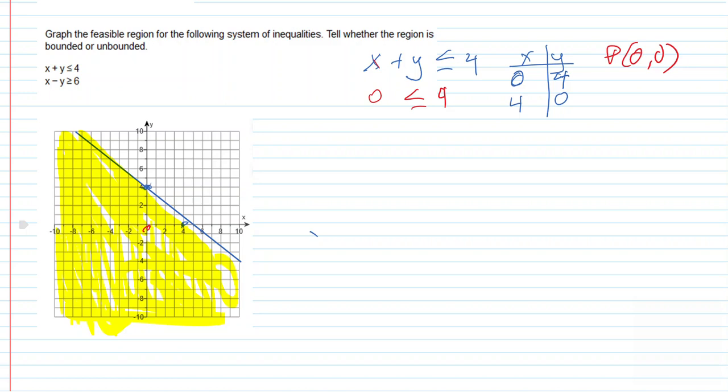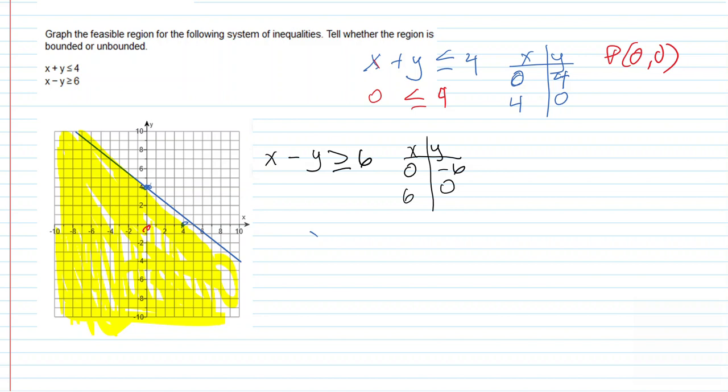All right, so now we're going to do the next one, and we're going to do that one in black. And that one says x minus y is greater than or equal to 6. Again, we're going to do our t-chart. 0, and I get -6. Then I do 0 here, and I have 6.